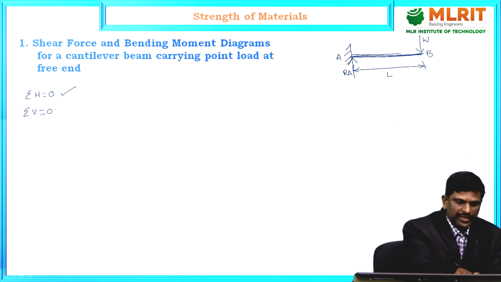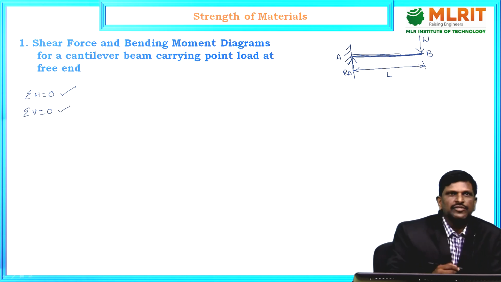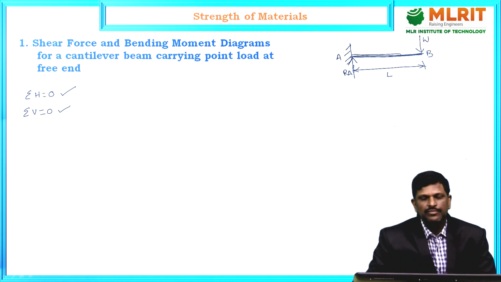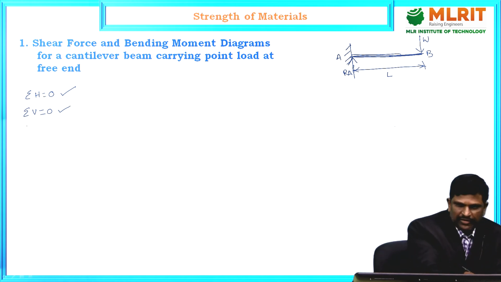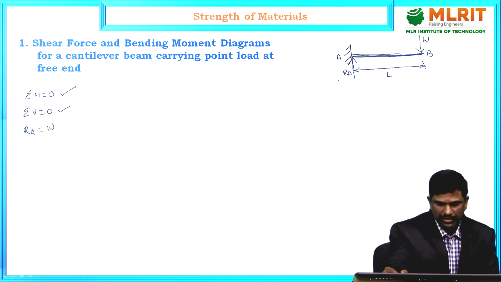To satisfy the equation sigma V equal to 0, the two forces must be equal. Therefore, equating sum of upward forces to sum of downward forces, RA is equal to W.